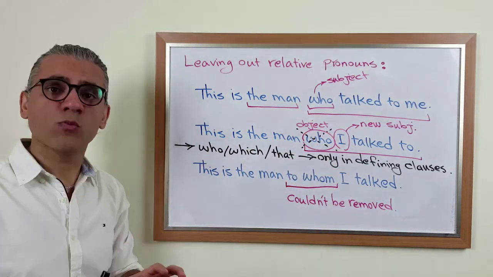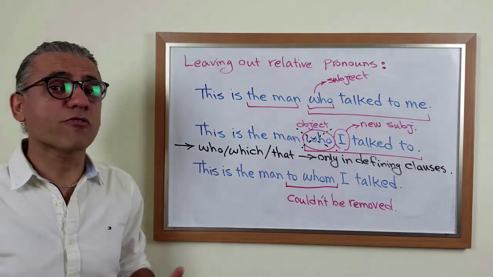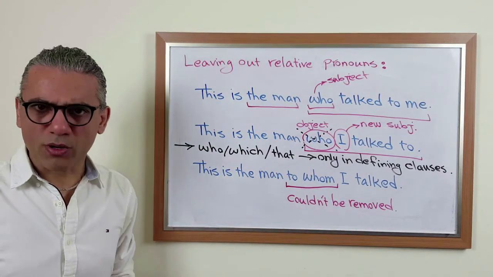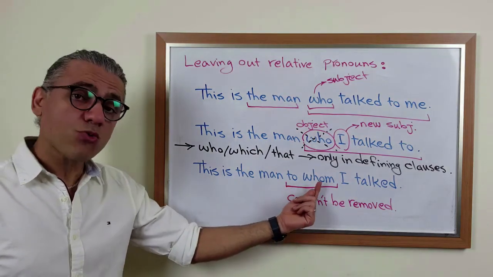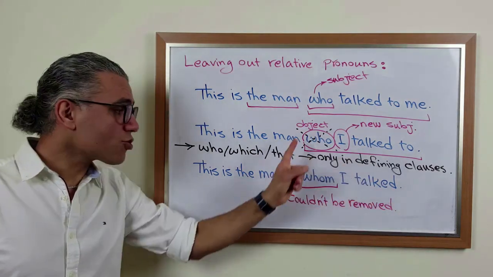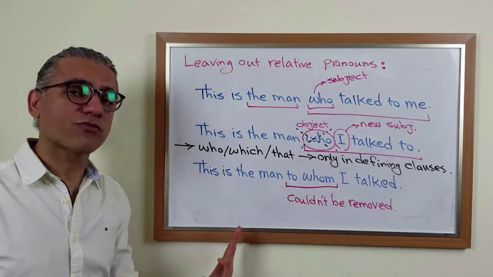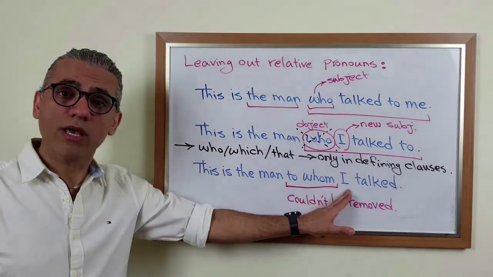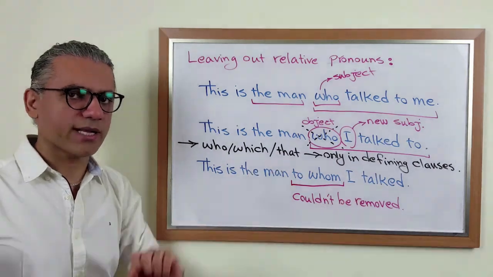We can use whom. But we decided to use who. As I told you, it doesn't make much difference in daily spoken language, especially. But when you use whom and you bring the preposition before whom, you cannot remove it from the sentence anymore. You have to keep it there. Although we have a new subject, it doesn't mean that you can leave out the relative pronoun.